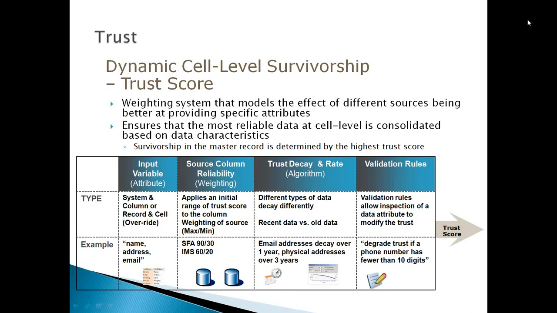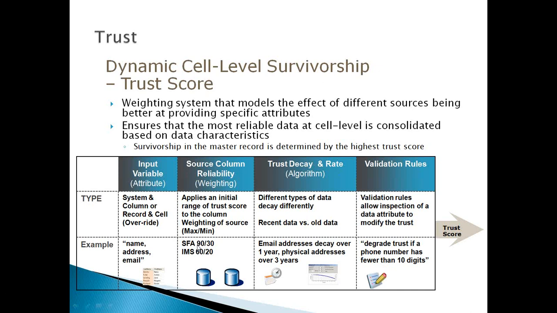But how do you decide how to degrade it? To me, if something is wrong, it is just wrong. It's not slightly wrong. Do you degrade it by 50% or by 100%? We have to downgrade it. For example, if you consider the slide, I have the SFA system and the IMS system, which I have given 90 and 60.